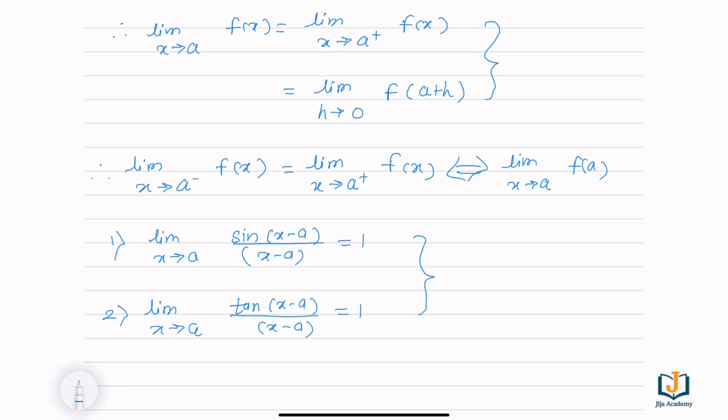So we are starting the first problem, that is the limit as x tends to pi by 2, that is a non-zero value, of sine square x divided by pi minus x whole square. Now here we are putting x is equal to pi plus h, that is a positive right hand side limit.